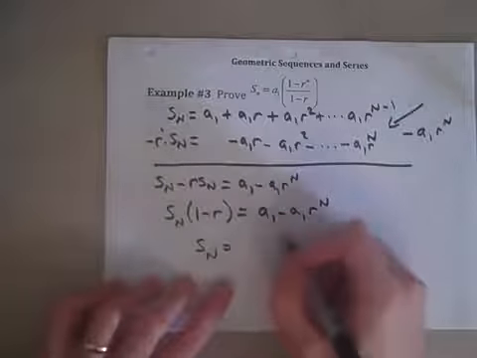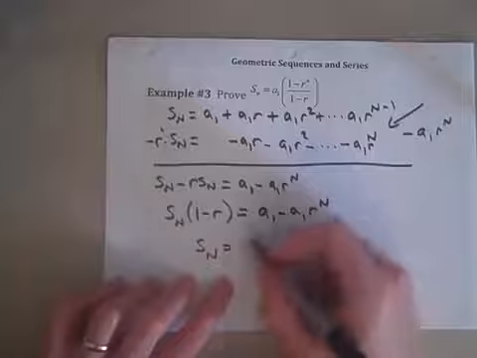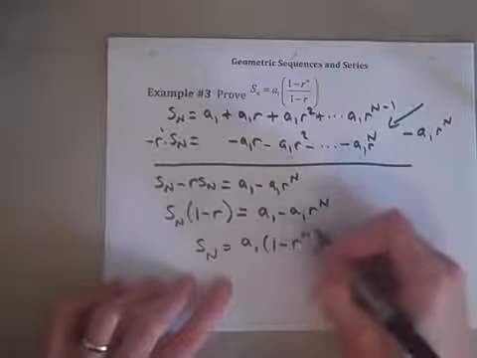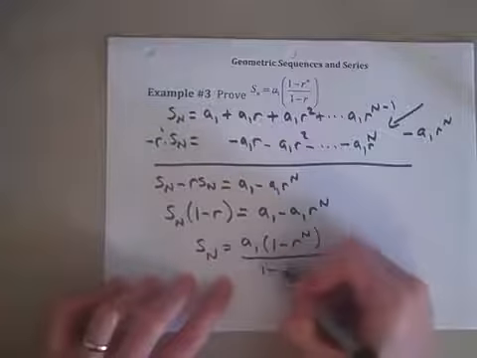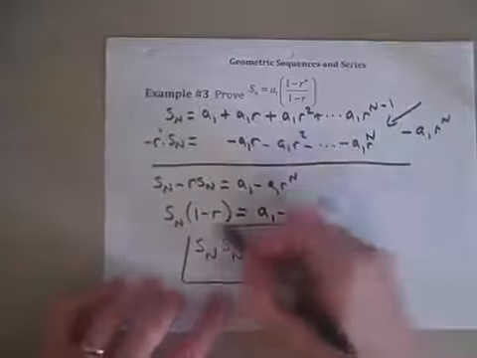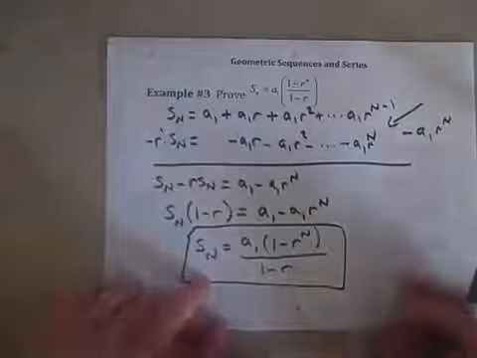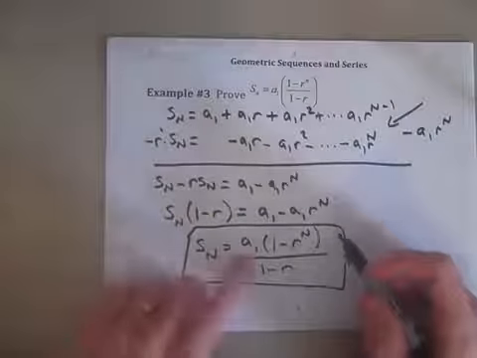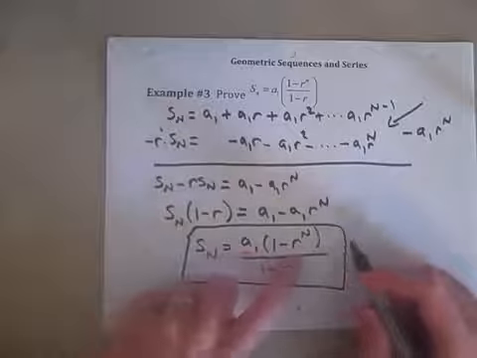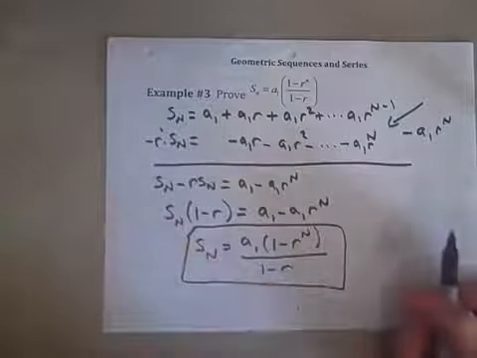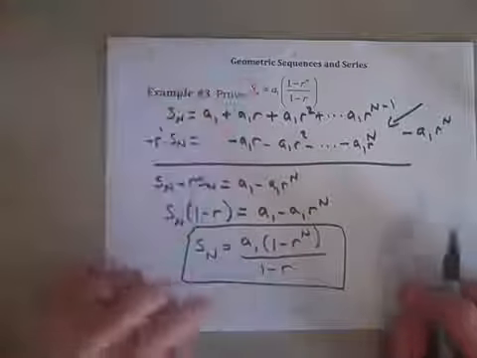Divide by 1 minus r, and also factor out an a sub 1. So this is saying, which we just proved, the sum of a geometric series is the first term times 1 minus the common ratio to the number of terms divided by 1 minus r, which is right here.